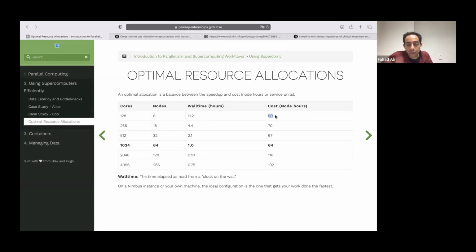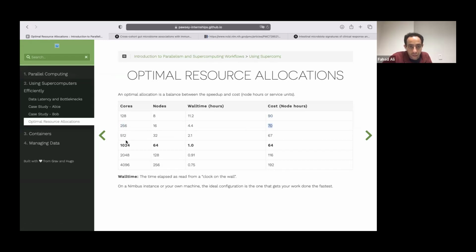That would be charged to my allocation, right? But because that cost is a function of both the time you used and the amount of resources you requested, you can see that if I ask for double the amount of cores here, to 256, that means I don't need as much time, and that means I get a lower charge. Even though I've requested more cores, I'm charged less.